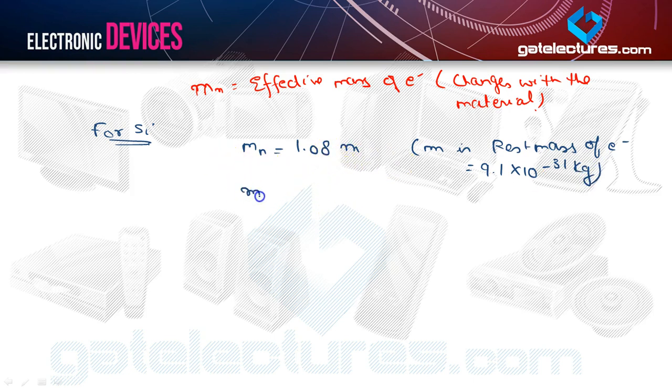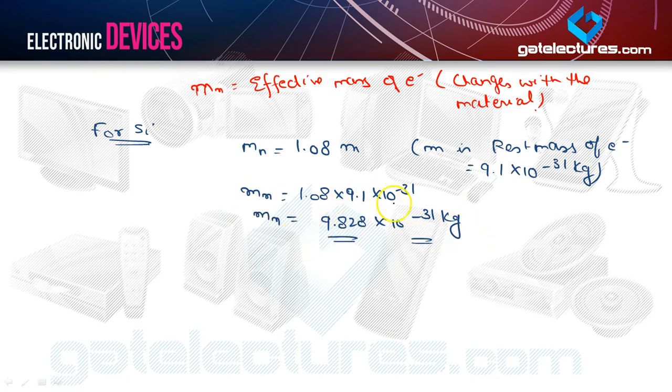So we can calculate mn for silicon: 1.08 into 9.1 into 10 power minus 31. This comes out to be 9.828 into 10 to the power minus 31 kg. So this is the effective mass of an electron in silicon.